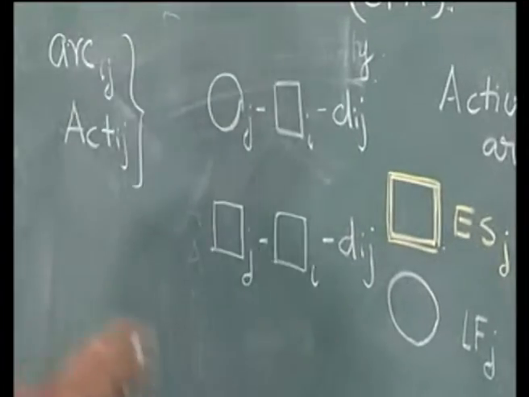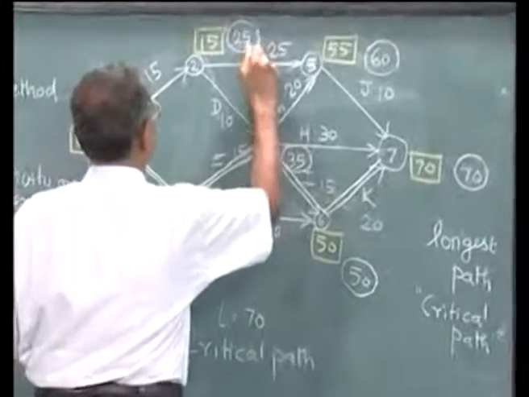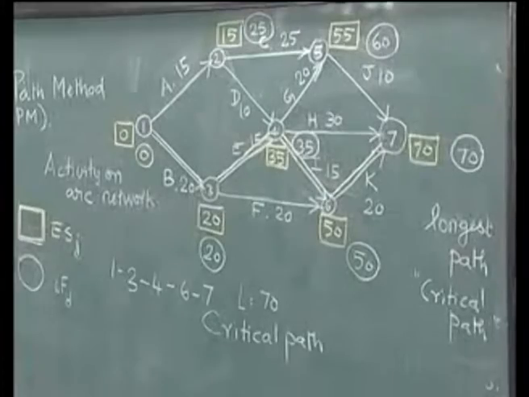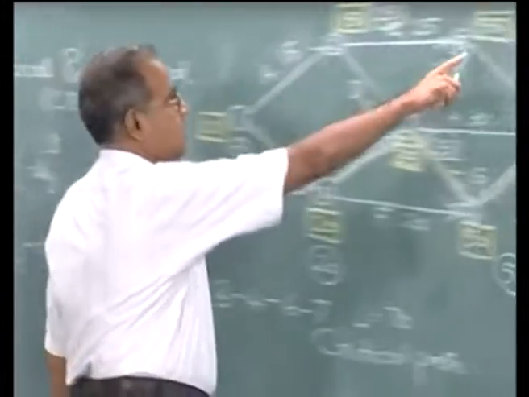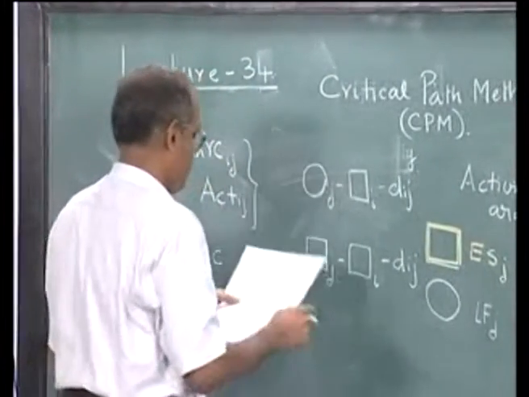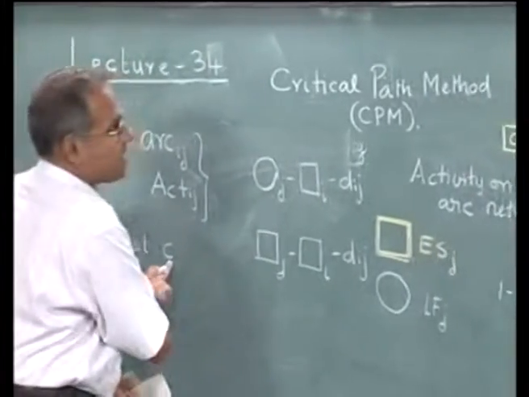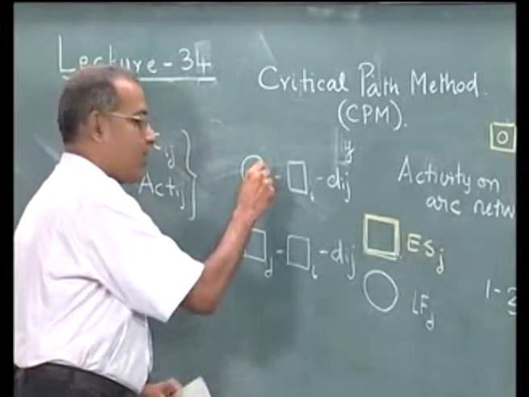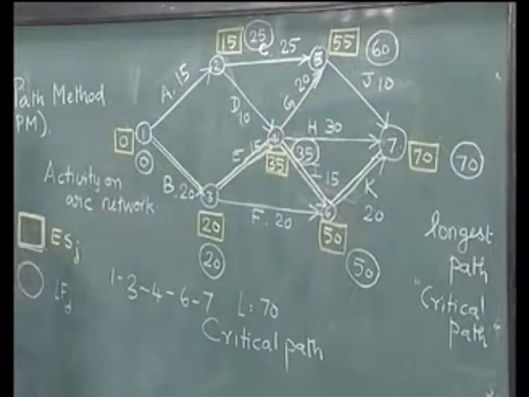For example, if we take this activity C, which is 2 to 5, the backward pass label for j is the label corresponding to 5, which is 60.